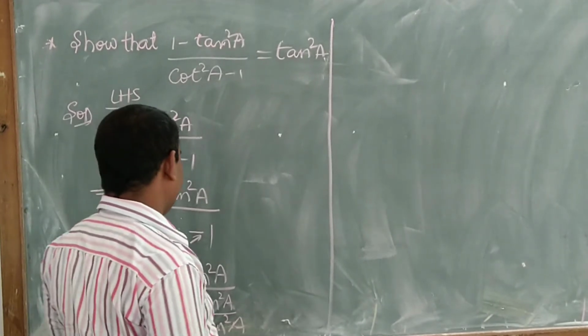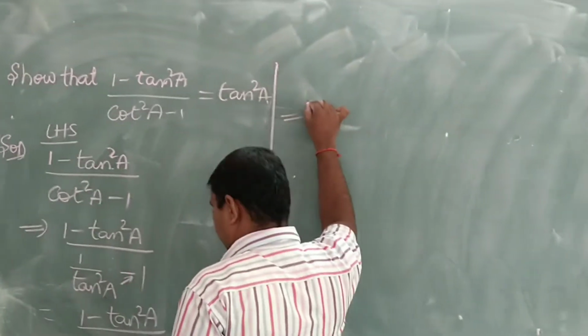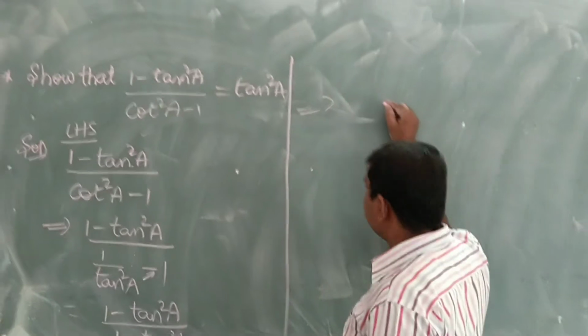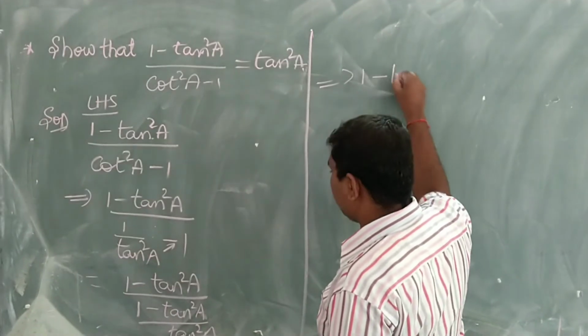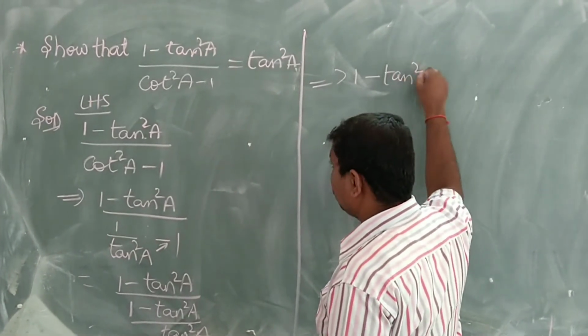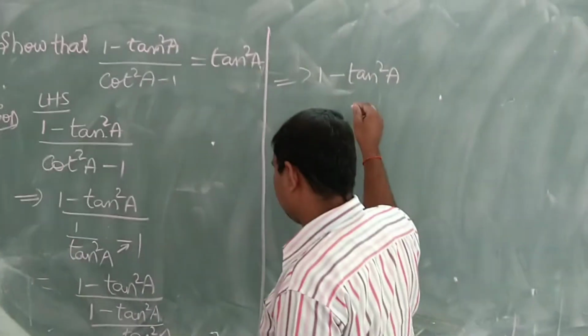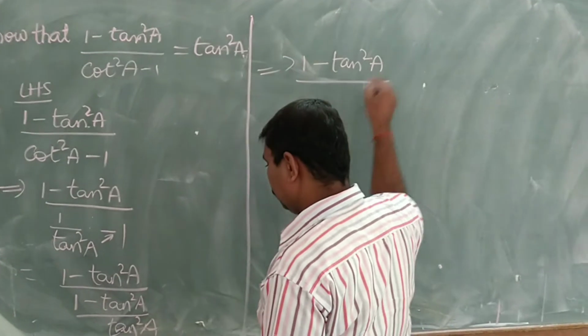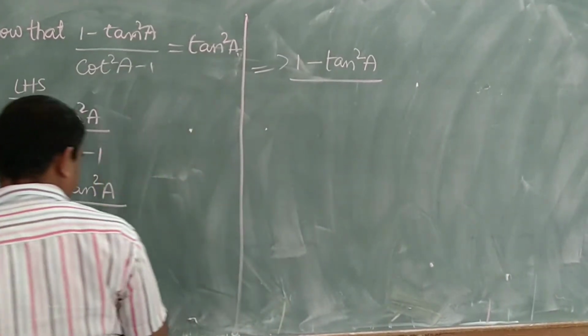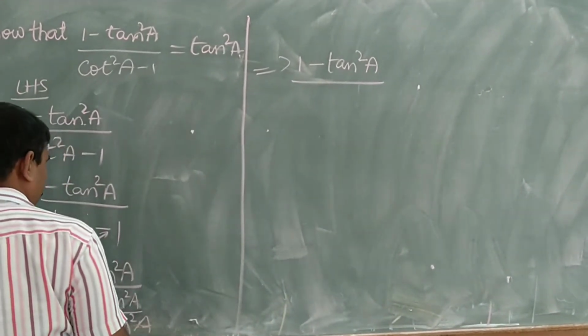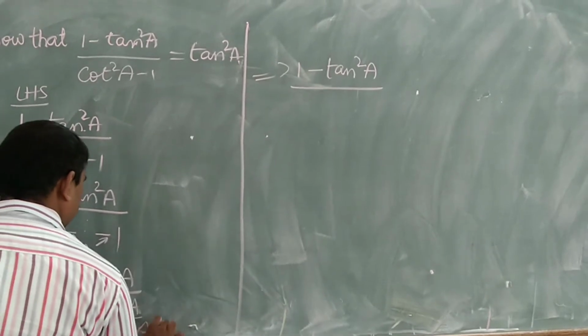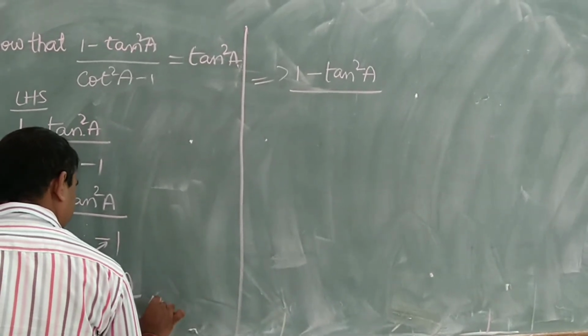So that implies 1 minus tan square A by (1 minus tan square A) by tan square A. So when you shift this to the numerator, what does it become?